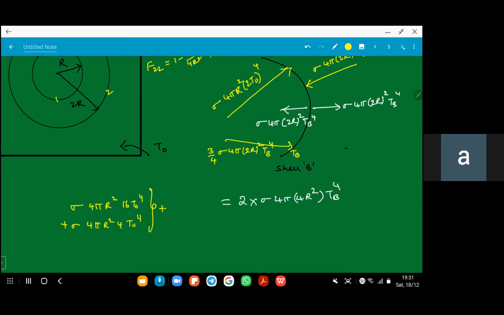This 4 gets cancelled. 3 sigma 4 pi R square TB power 4.